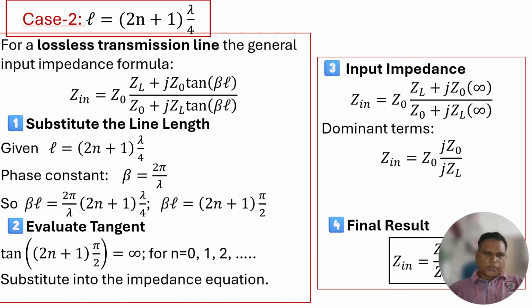Now, substitute n is equal to 0 here. Beta into L is equal to 2n plus 1 times pi by 2, and tan of 2n plus 1 times pi by 2, tan pi by 2, is equal to infinity. By substituting this value in the impedance equation, Zin is equal to Z0 times jZ0 by jZL. Now Zin is equal to Z0 squared divided by ZL.